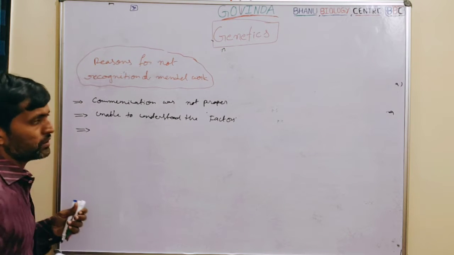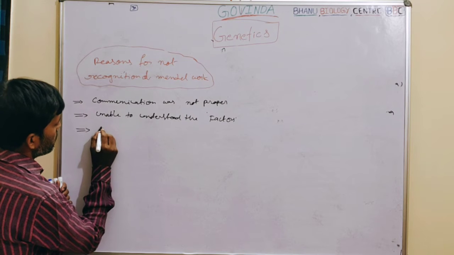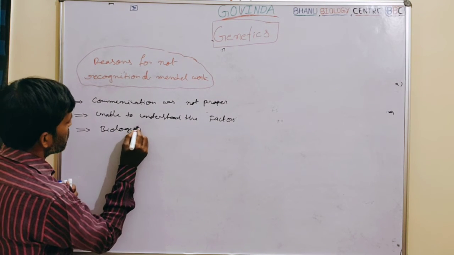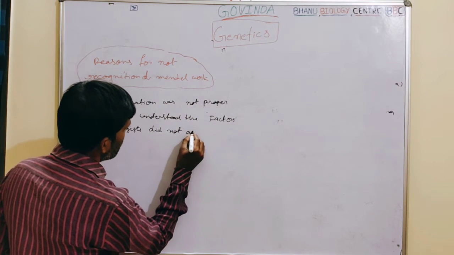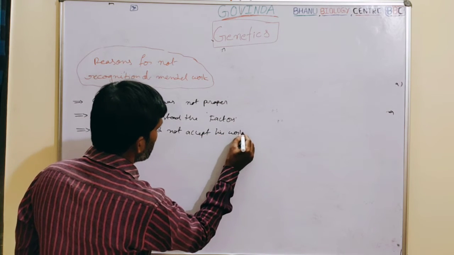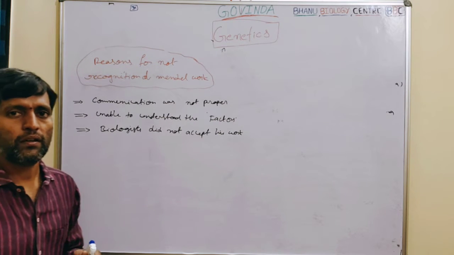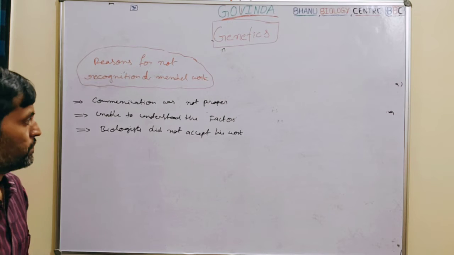The third one is other biologists did not accept his work because he was a mathematician. Mendel was not a biologist, actually he was a mathematician.